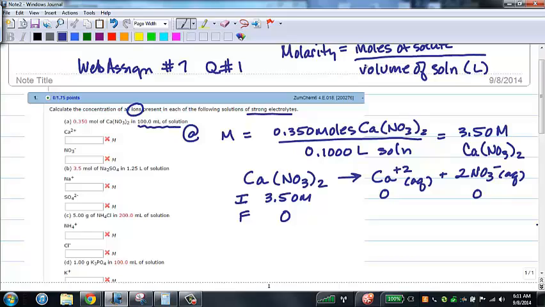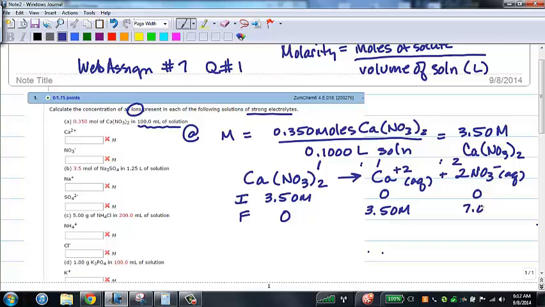But after the calcium nitrate dissolves, because there's a 1:1 ratio between calcium nitrate and calcium, there will be a 3.5 molar concentration of calcium. And because there's a 1:2 ratio between calcium nitrate and nitrate, there will be twice that for the concentration of nitrate.